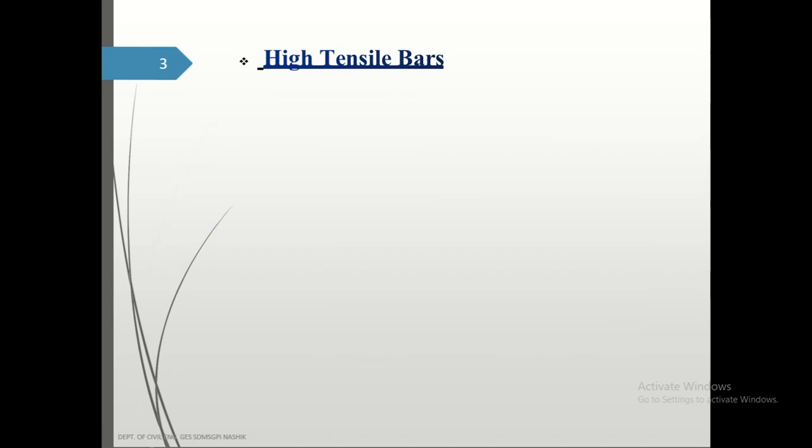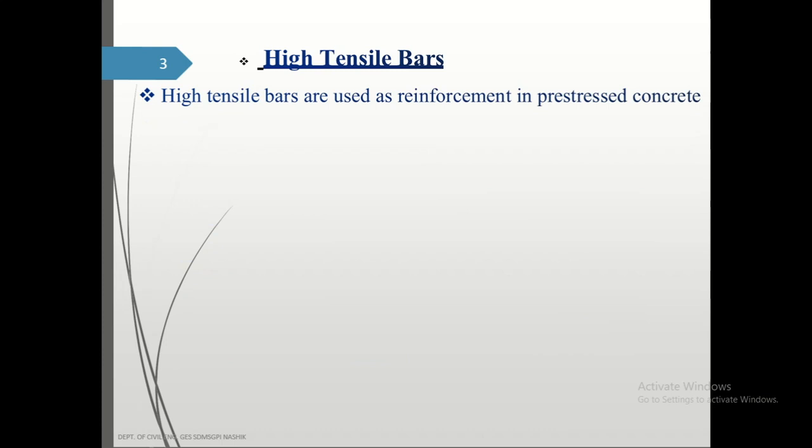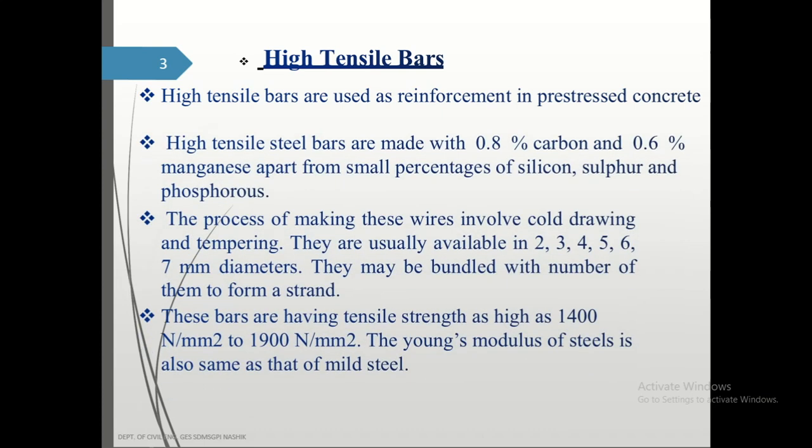High tensile bars are used as reinforcement in prestressed concrete. These very high tensile bars are made up of 0.8% carbon and 0.6% manganese, apart from a small percentage of silicon, sulfur and phosphorus. The process of making these wires involves cold drawing and tempering.